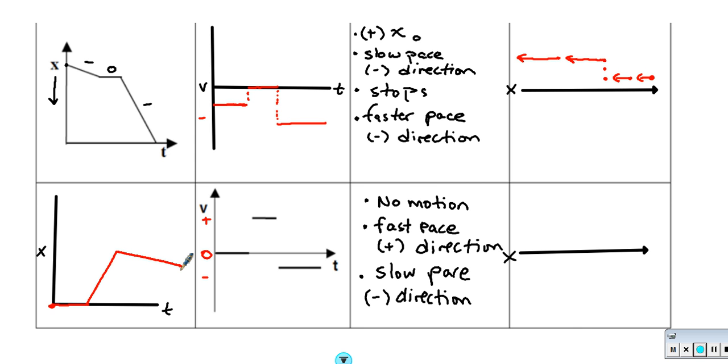Again, this general shape, if shifted upward, would look exactly the same. And if the only thing that was different is the intercept, then that would still be acceptable.